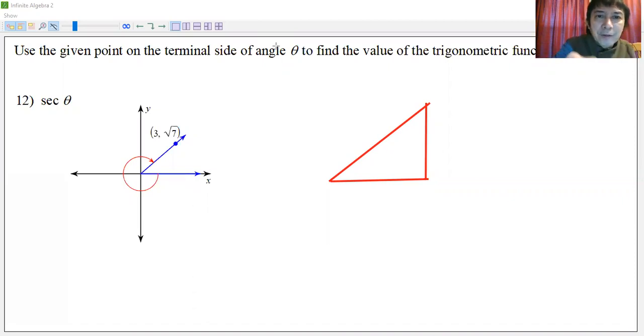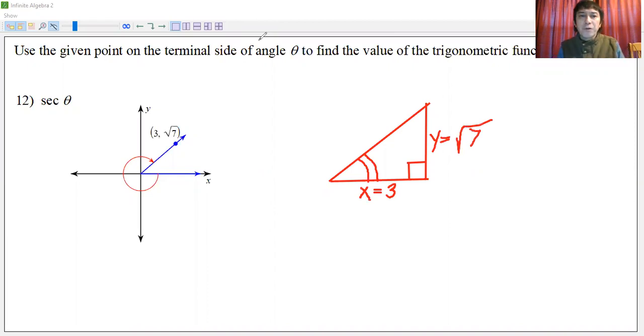Our reference angle will be this. And we have a right triangle. There must be a right angle there. Our x, which is 3, will actually be here, along this side. And then the square root of 7 will be our y, so this will be over here.